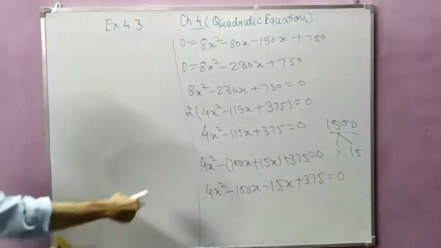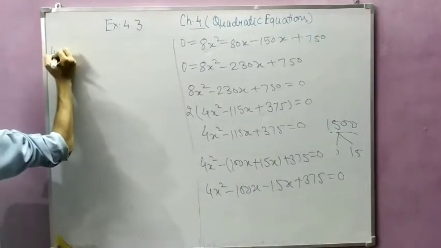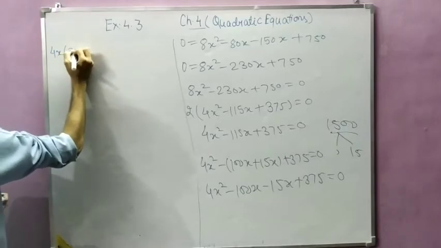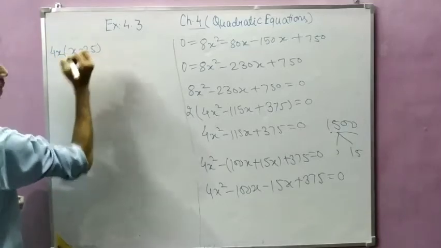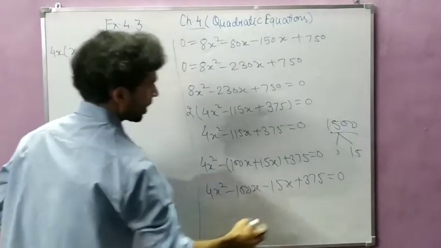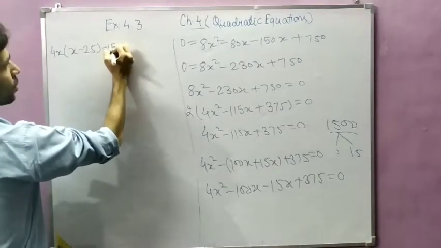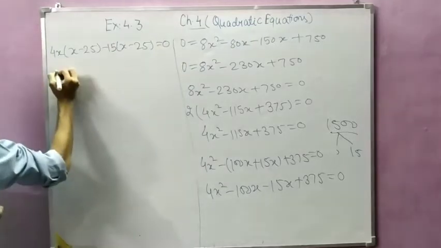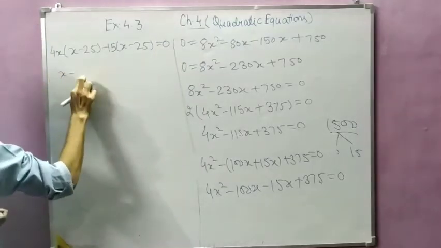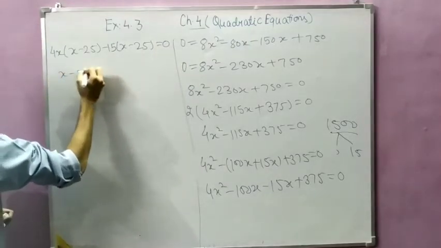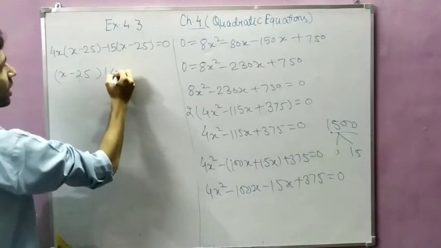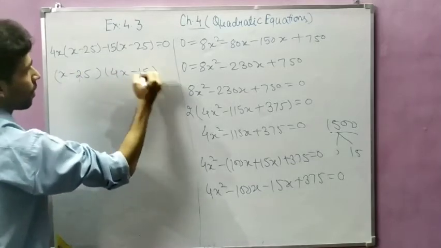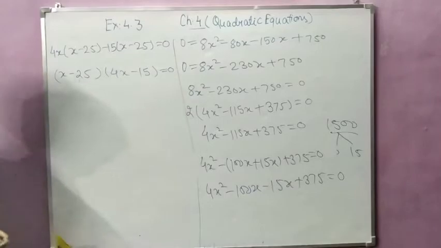Now from first two I can take 4x common, so what will be left? x minus 25. And from these two I can take minus 15 as common, so here will be x minus 25 equal to 0. So first is x minus 25 and second is 4x minus 15 equal to 0.